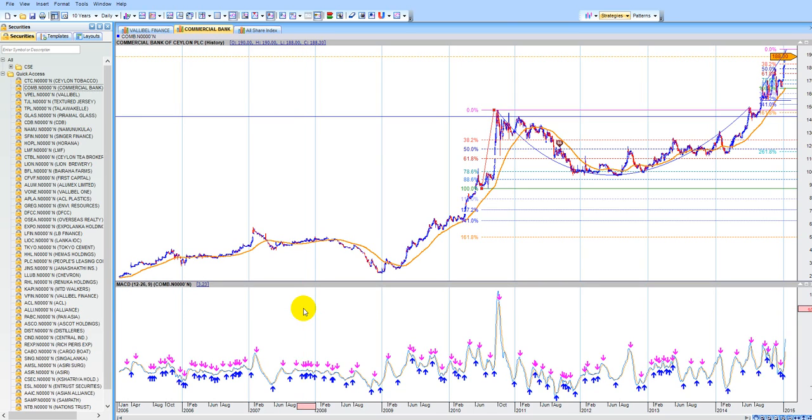As you know, this is a very important tool, especially using the MACD to identify the potential reversals. Okay, so it's very, very important. Now, if you look at this 10-year history, you will find many divergences.